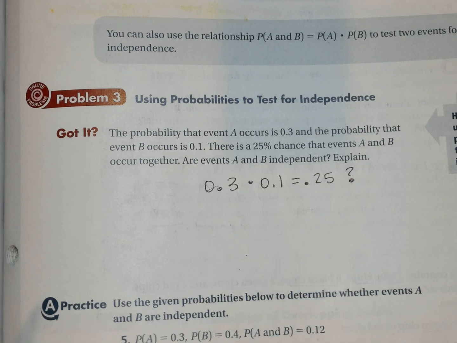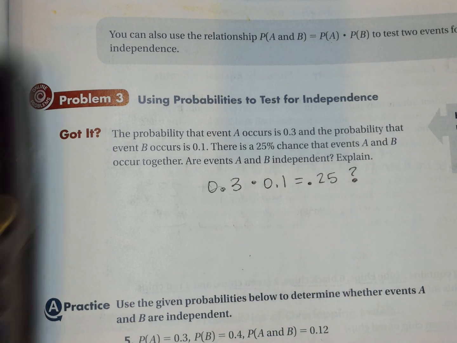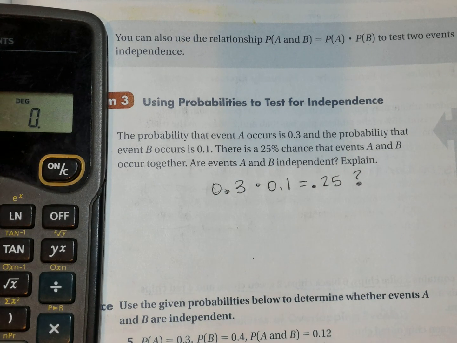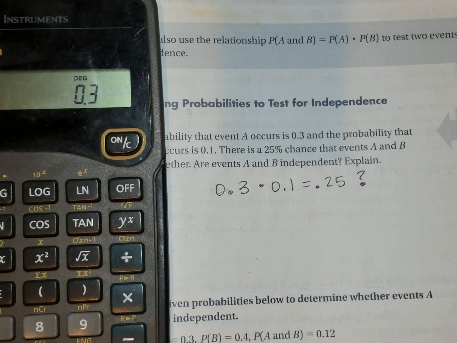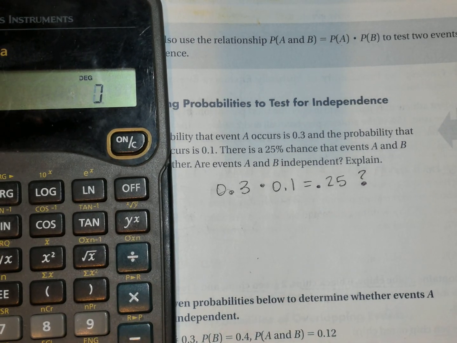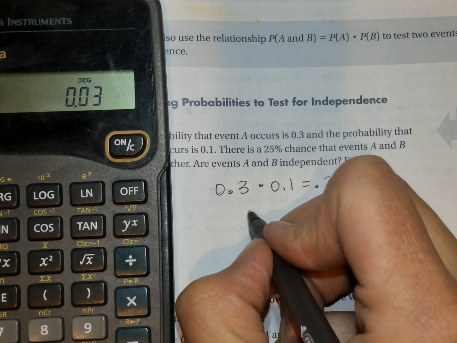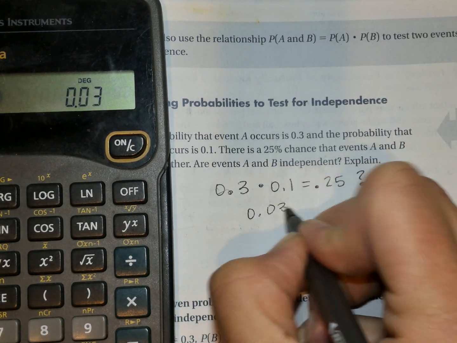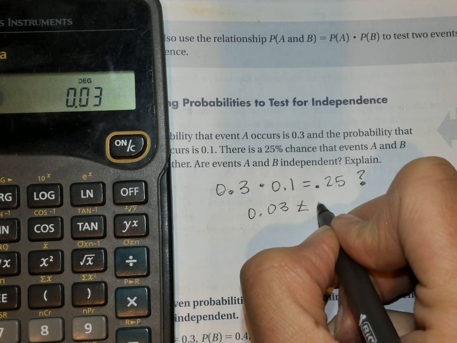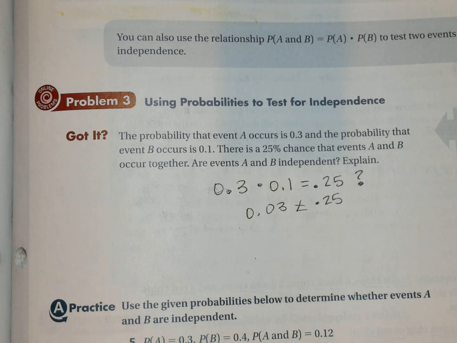So we have to test it. I'm going to take my calculator and check. So I have to do 0.3 times 0.1. Oh, that doesn't equal 0.25. It's 0.03. Does not equal 0.25.